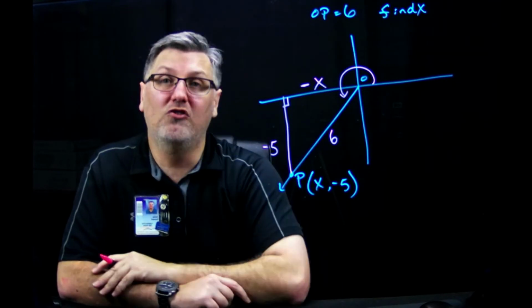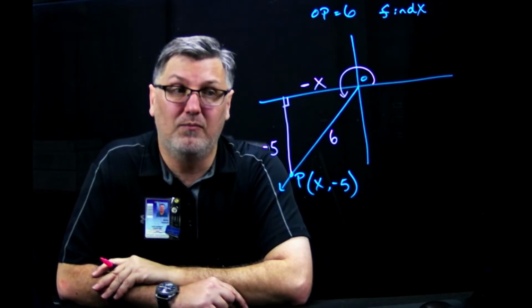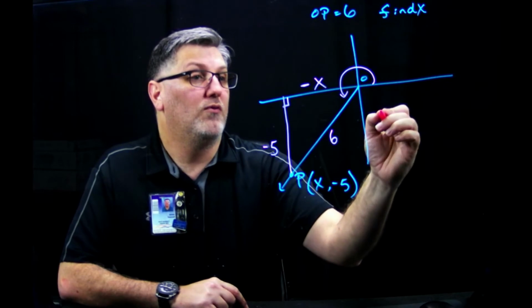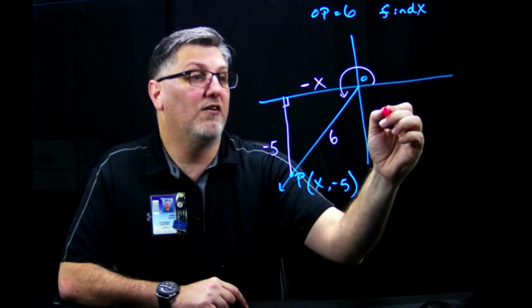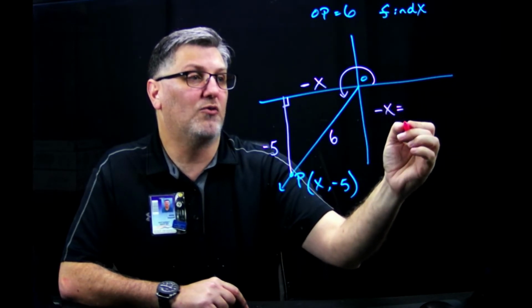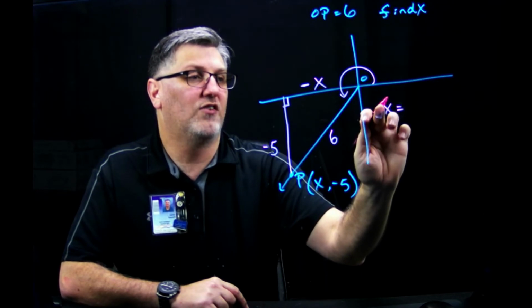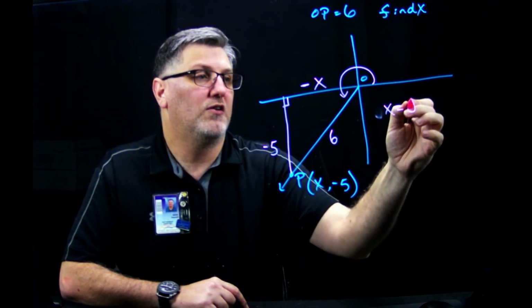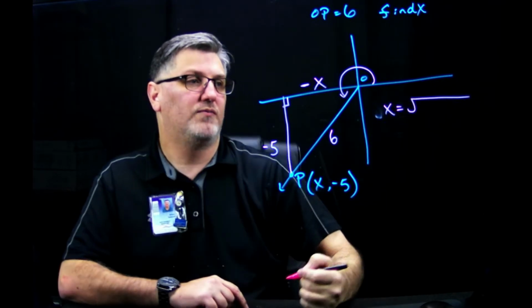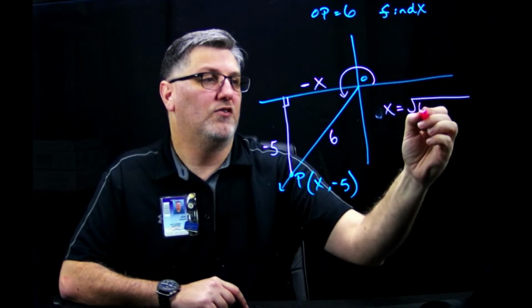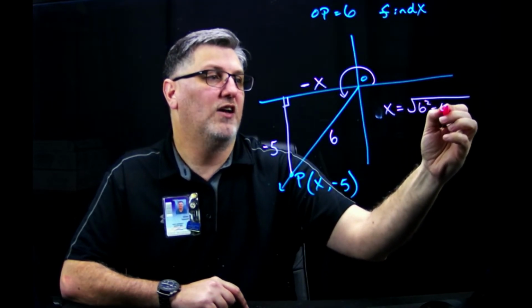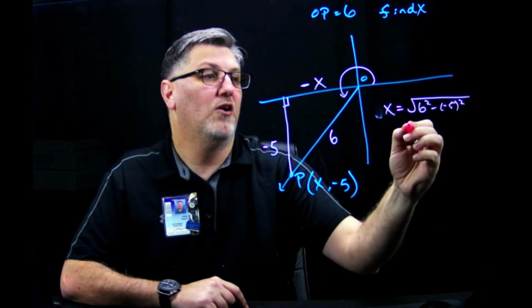So from here, we just use our good old friend Pythagorean Theorem. I know that x is going to equal the square root of 6 squared minus (-5) squared. We do the math.